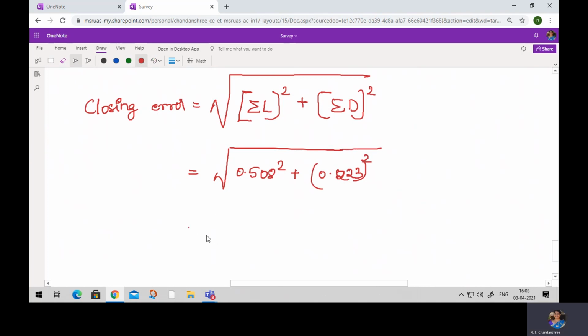So the closing error is equal to 0.5547 meters. This is the closing error magnitude.